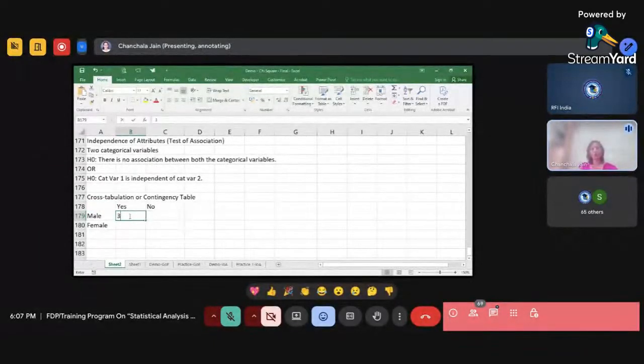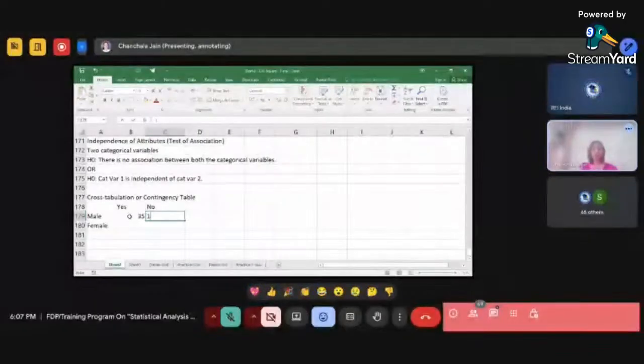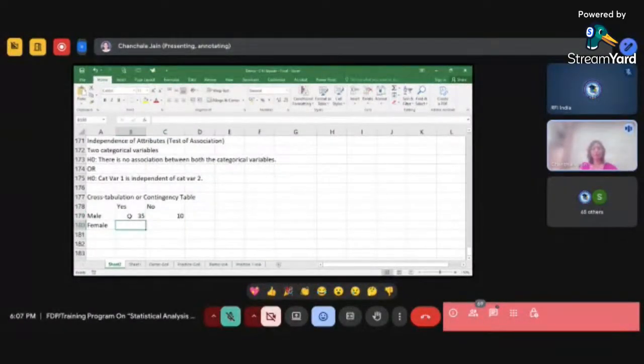Suppose it is 35, then 10, then 10 and 35, maybe 45. So it is 45, it is 55, total is 100, column totals are 55 and 45. Is it clear?